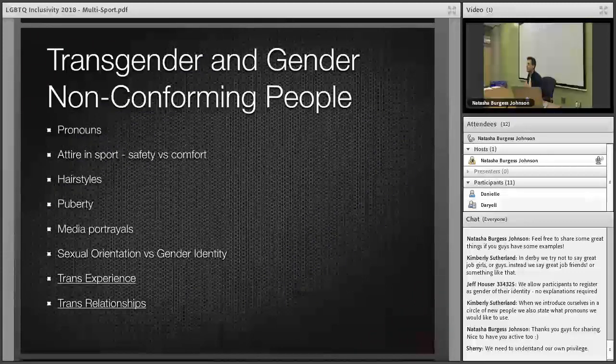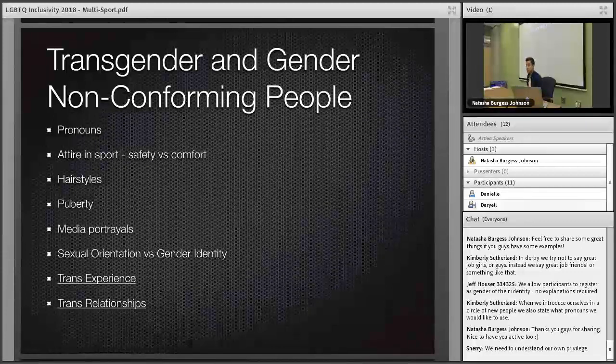So how people get to style their hair is important for people in the community. Puberty's gonna suck for everybody. It's gonna suck even more for somebody in this community. The body's changing, hormones, maybe the hormones are making their body into something they don't really feel is theirs. So just knowing that puberty's gonna be terrible.